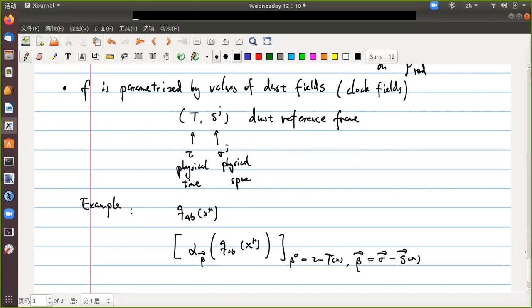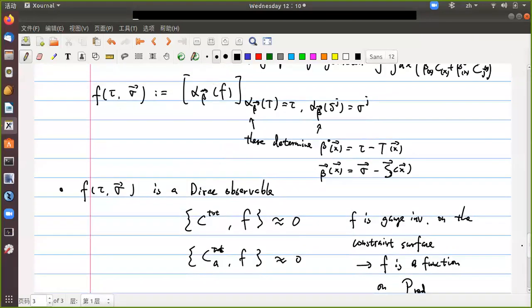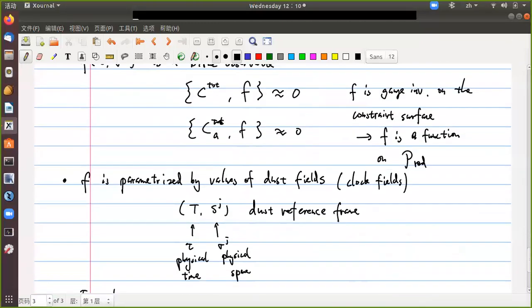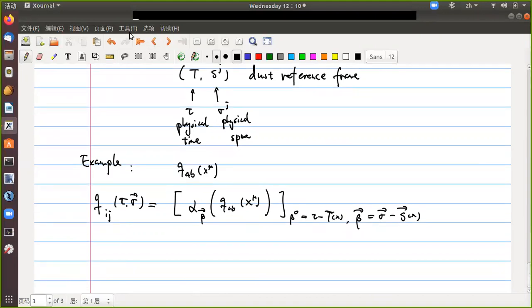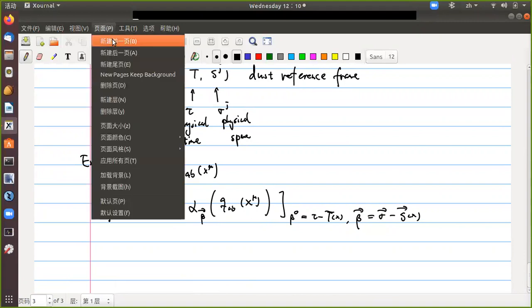So this is the evaluation of beta, just like here, because they determine beta in this way. The result will be what we call Q_ij(tau, sigma). Here I'm not using AB but instead using ij because we are already in the dust frame. I'm going to explain in a second.